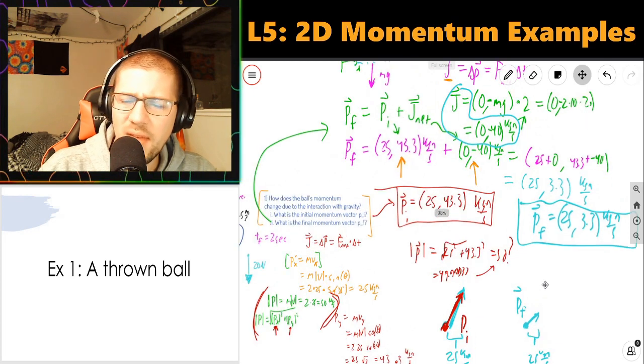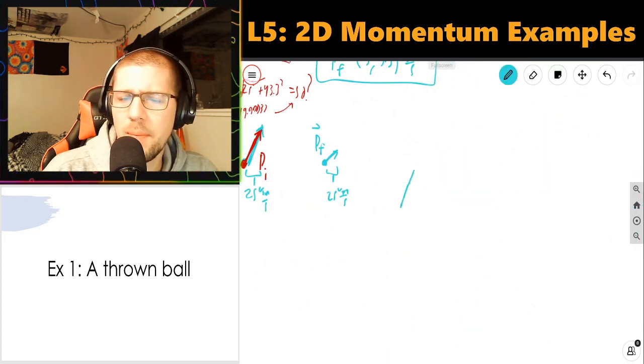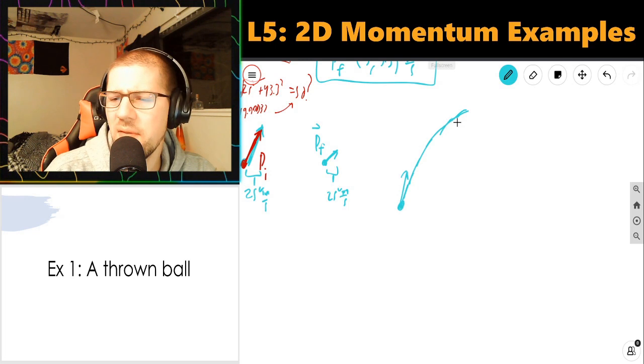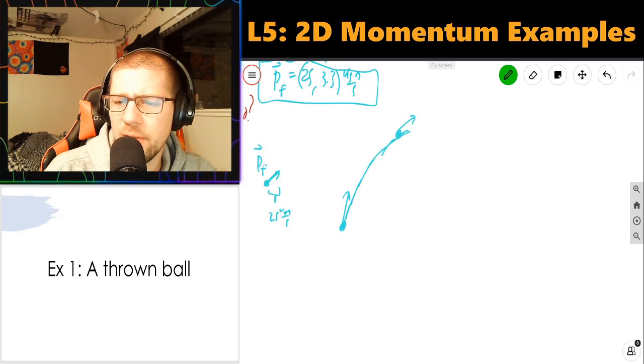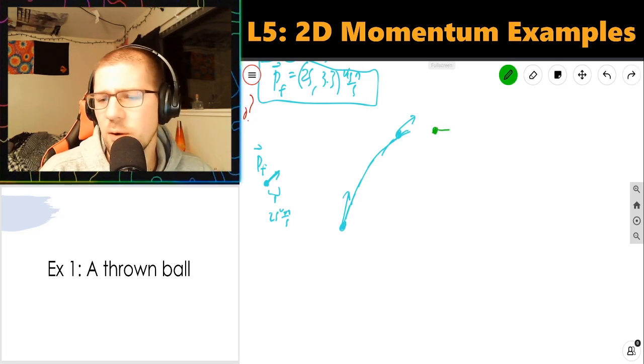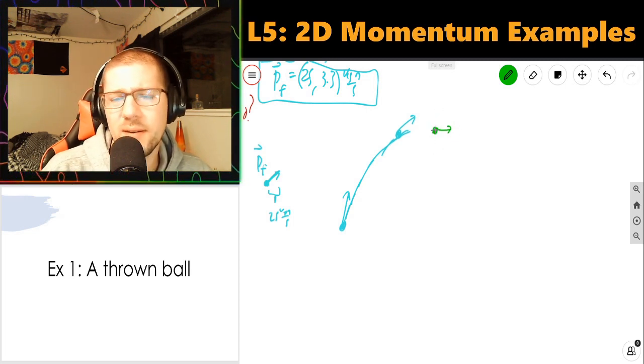Okay, another way to say that is, on its way up, as this ball is arcing through the air, it starts out with a high speed, a high momentum, and then gravity kind of eats away at that momentum. If I were to follow this all the way to the top of the arc, the ball's momentum is not 0, but the y component, the vertical component, is 0.